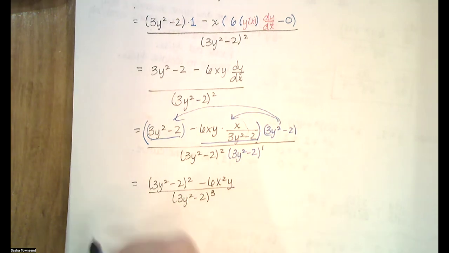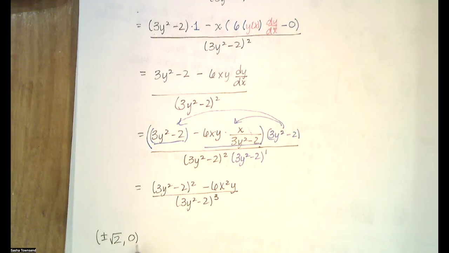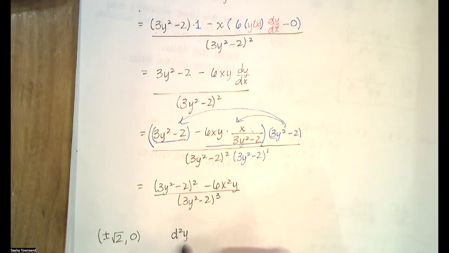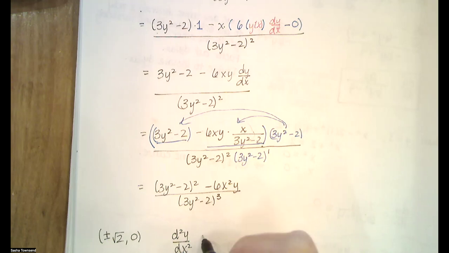Now at those x-intercepts, which were given by x equals plus or minus the square root of 2, y equals 0, we can substitute those in here and find out what our second derivative ought to be. Y equals 0.